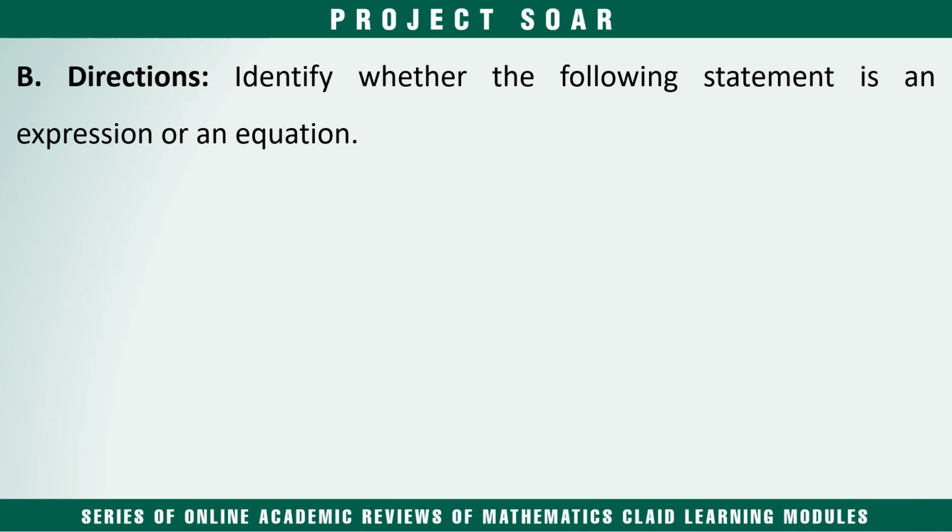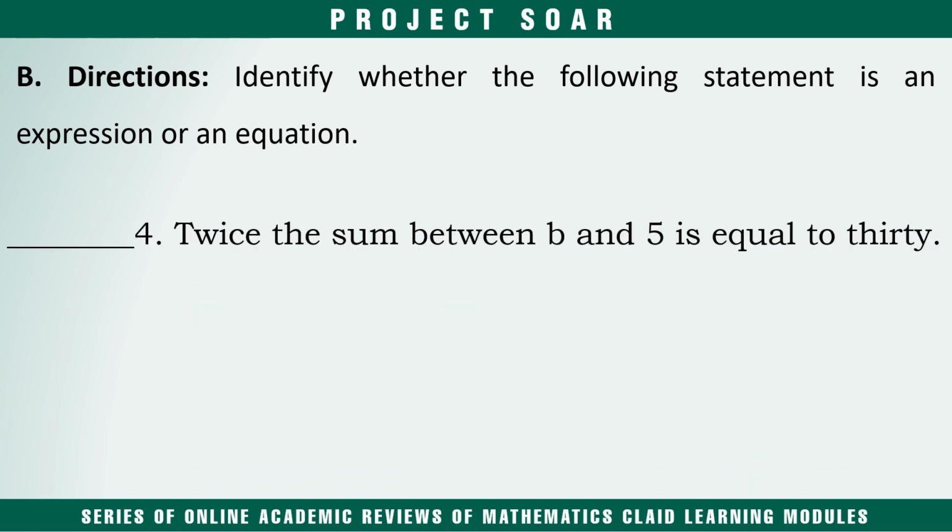Let us proceed to number 4. But before that, I'm going to read you the direction. Identify whether the following statement is an expression or an equation. Number 4. Twice the sum between B and 5 is equal to 30. What is your answer?